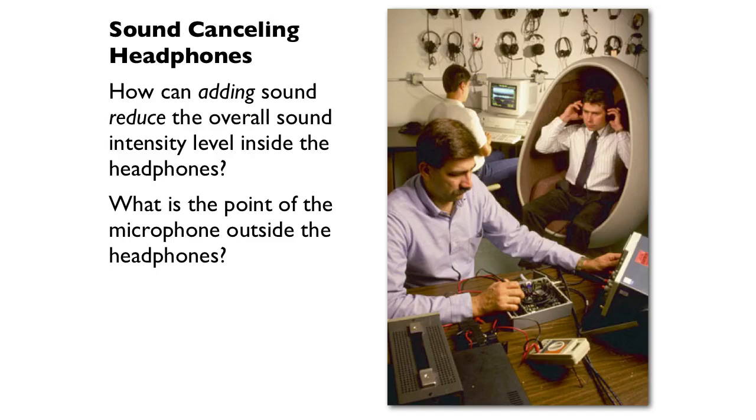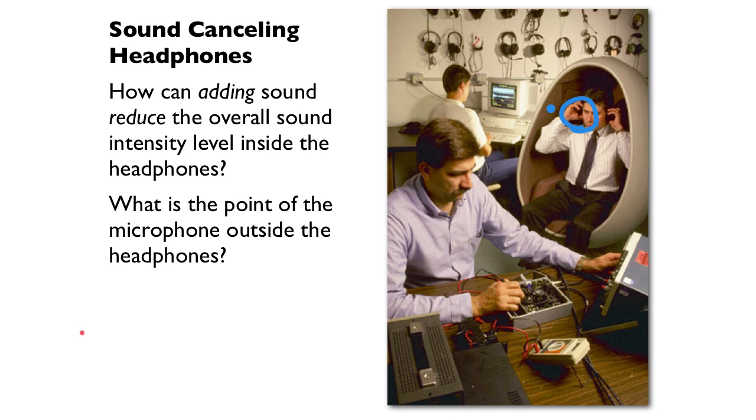And that is how you make sound-canceling headphones. Here's a picture of some engineers working on the first versions of these. If you have your little earphones that you're wearing, you have a microphone on the outside that samples the sound in the room. Inside the headphones, it makes a sound which is exactly inverted.